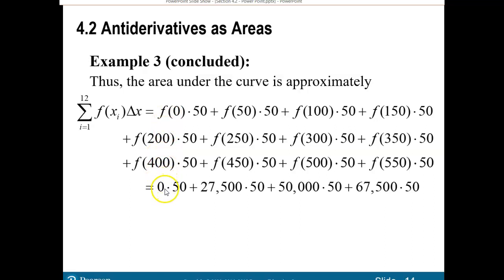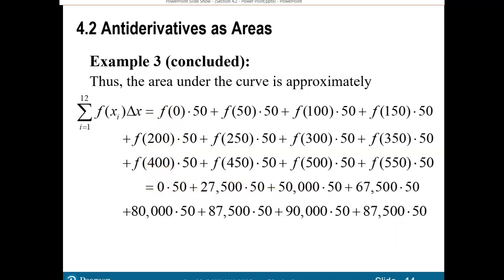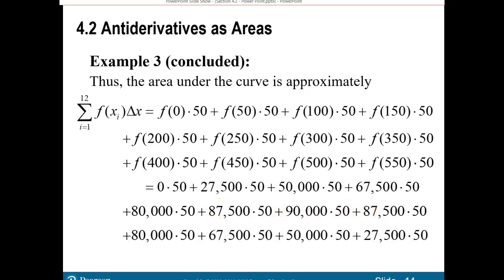So evaluating our function at each of those endpoints. When I plug in 0, when I plug in 50, when I plug in 100, when I plug in 150, when I plug in 200, 250, 300, 350, 400, 450, 500, and 550.